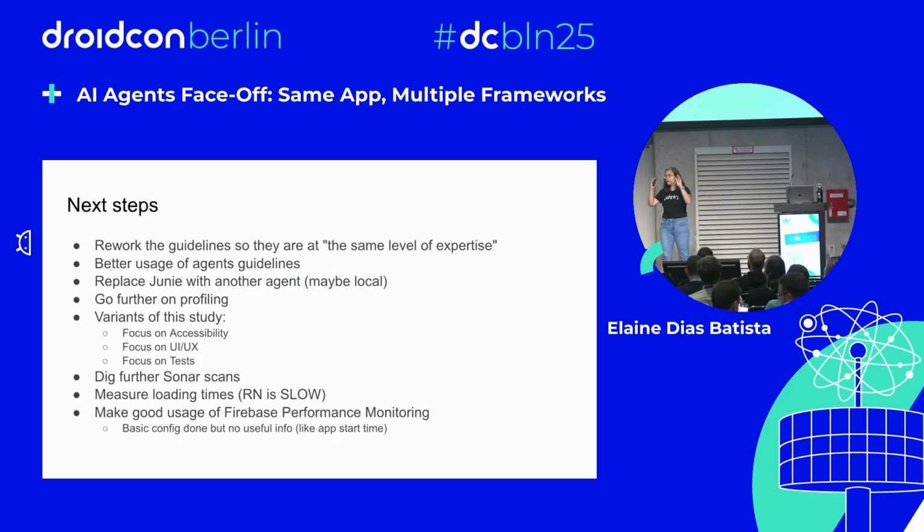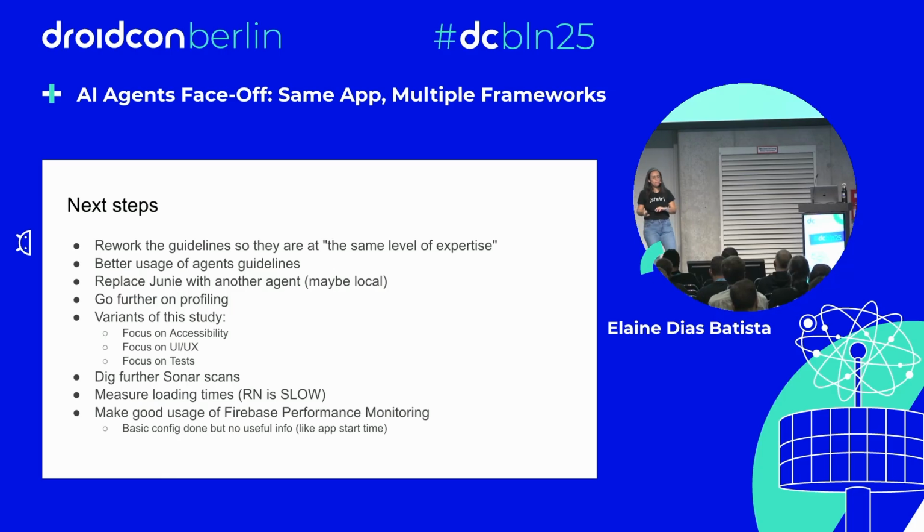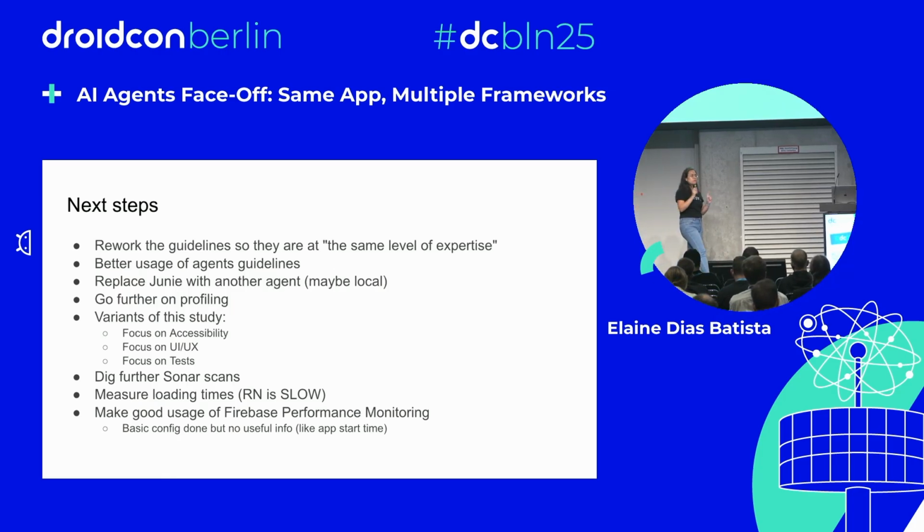You must, instead of should. And also better use of agents guidelines. Each agent has its own thing to make it work better. Maybe replace Juni with another one. I'll do the evaluation with Juni, but I would love to make something that runs locally.